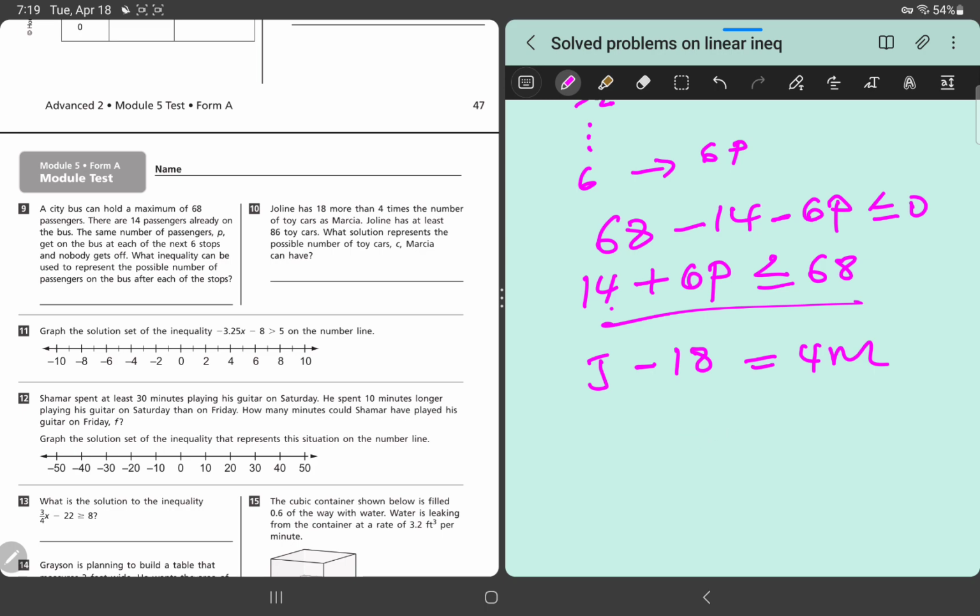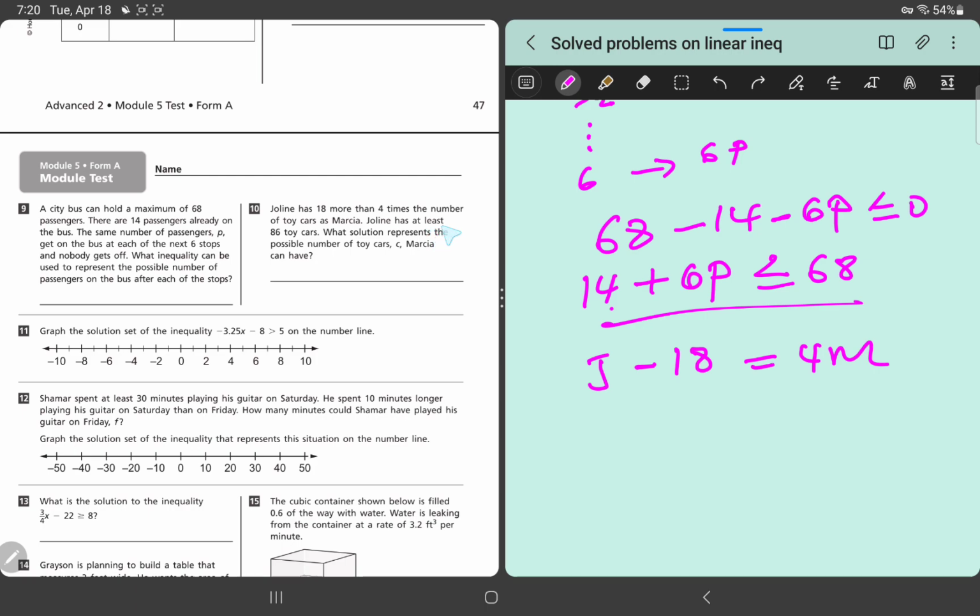So Joe has at least, at least means the number of toys Joe has is 86.